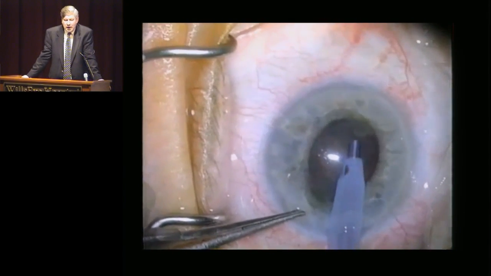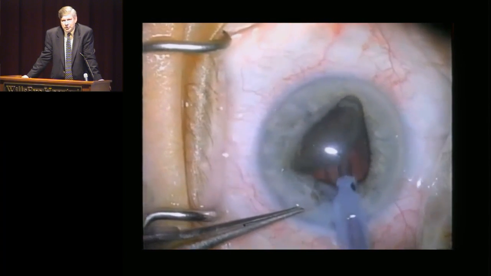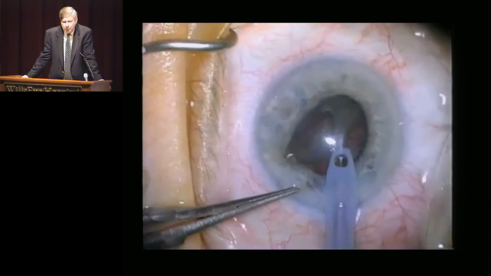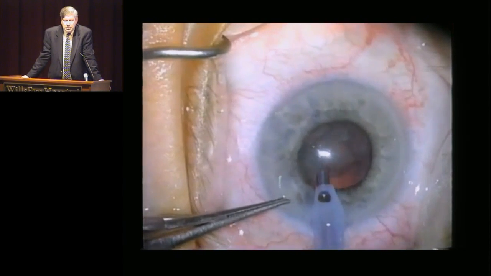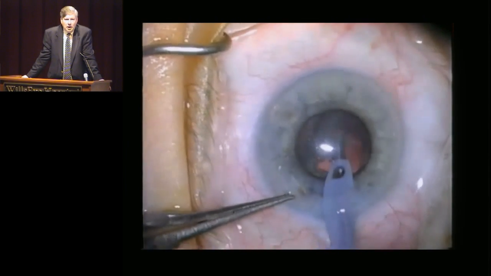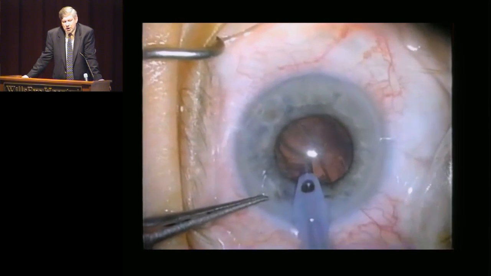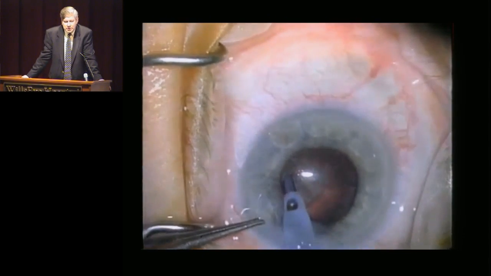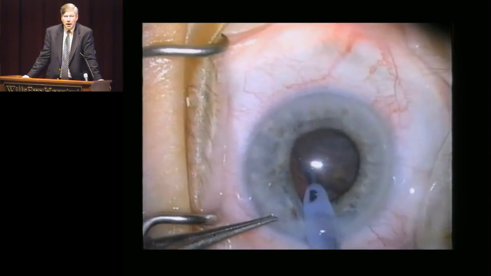One is that as the case goes on, the iris gets smaller and smaller, so by the end of this you can end up with like a 2.5 millimeter pupil or smaller. The other problem is that the studies that have been done show a dramatically increased risk of developing capsular tears and vitreous loss in these patients. So the prudent thing to do is to actually put in either a hook or a ring.